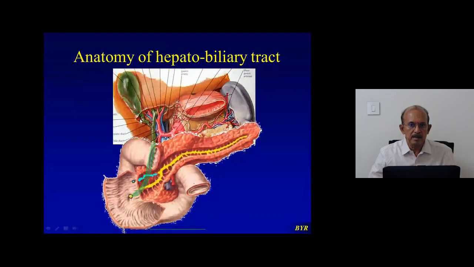This is the porta hepatis or hilum of the liver. In the hilum of the liver, it divides into two branches, the right hepatic artery and left hepatic artery. And each divides again into branches inside the liver parenchyma. Sometimes these branches may be seen outside also.